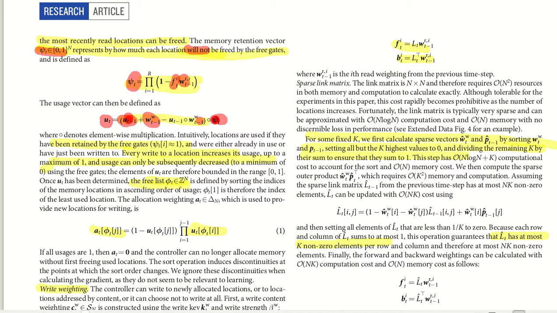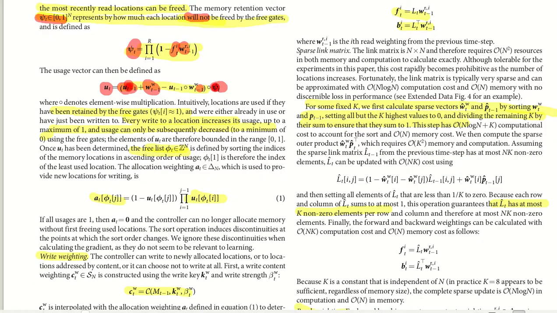So we rank them, and now we calculate a, which is itself a value between 0 and 1, which is going to tell us whether or not to allocate and how much. It is going to be a distribution of allocation over different locations in the memory.